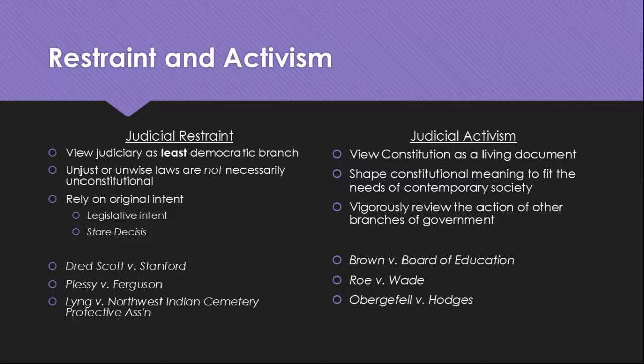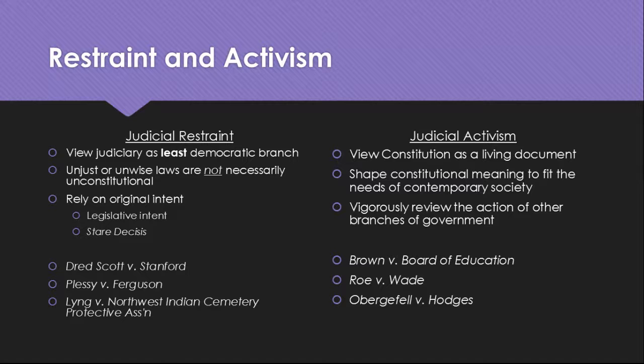Contrary to that, somebody who practices judicial activism might not necessarily accept that element of being the least democratic. Again, a justice who practices judicial restraint views the Supreme Court as the least democratic branch, and will say, although this law is unwise or unfair, it is not unconstitutional.